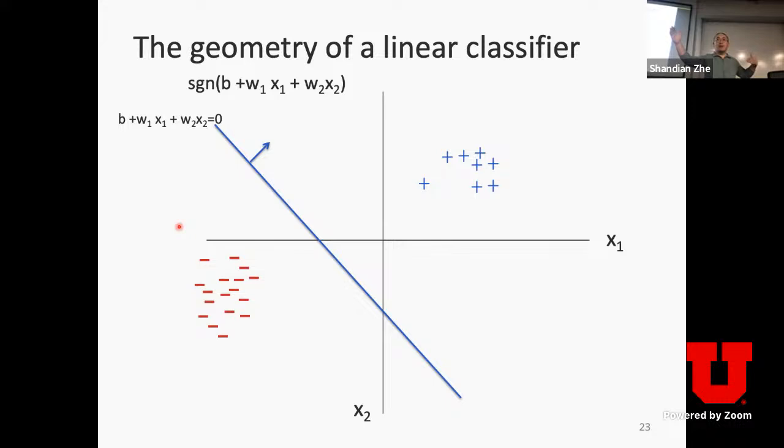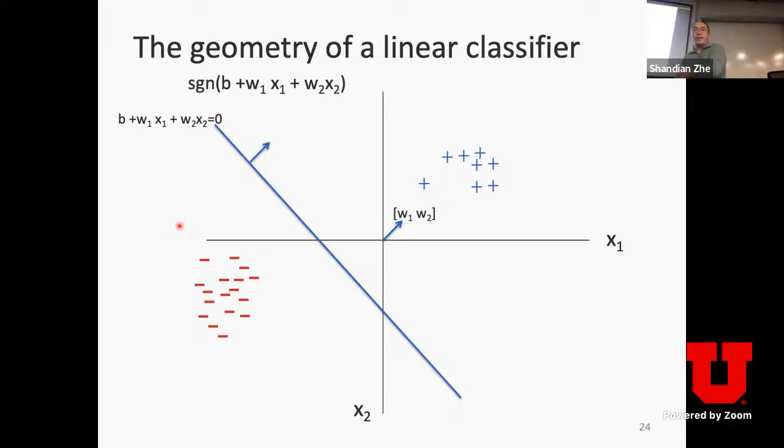One half space is on one side of the boundary, and the other is on the other side. All the examples in the same half space will be classified as either positive or negative. Does it make sense? Okay.